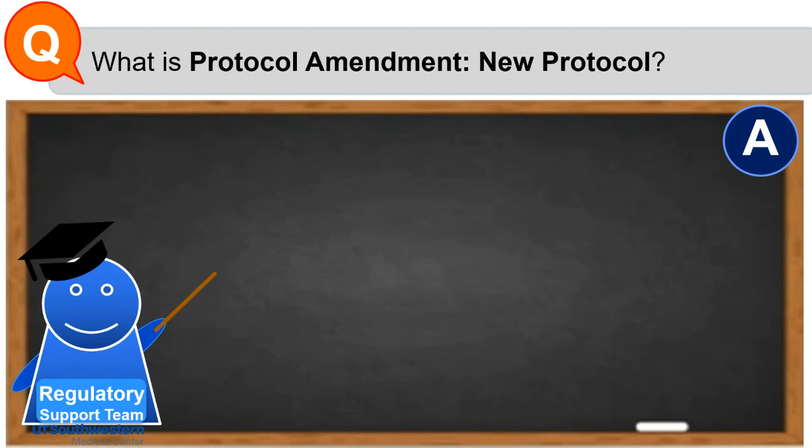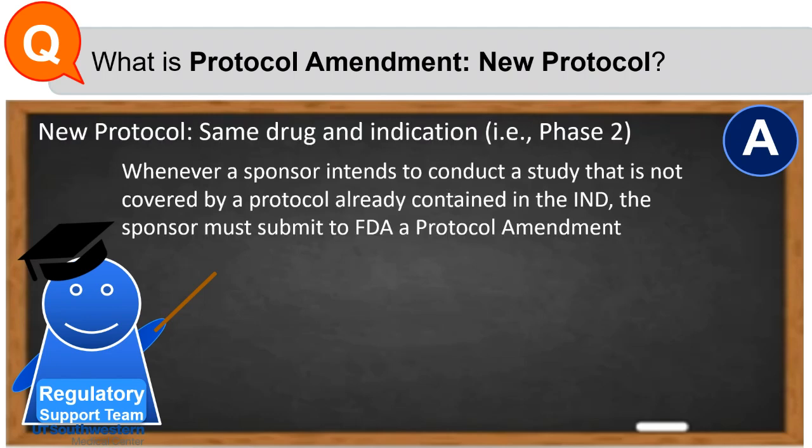Let's start with the first type, that is protocol amendment, new protocol. So what is this? This is the case where a sponsor of an IND intends to conduct a study that is not covered by a protocol already contained in their IND application.